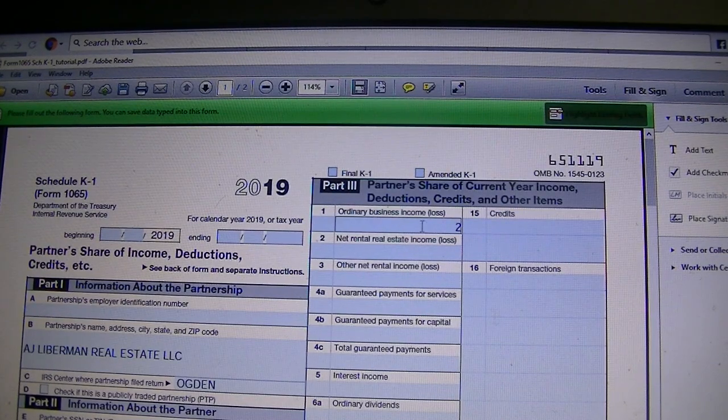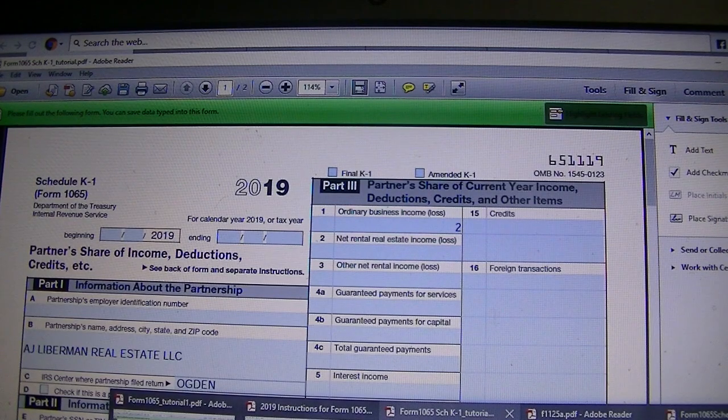You just fill up line 1 for schedule K and line 1 for schedule K1, and this one is done. So we just save it, and when you print things out, you'll print schedule K out. You'll have 3 copies, one for this partner, one for the business, and one for the IRS.